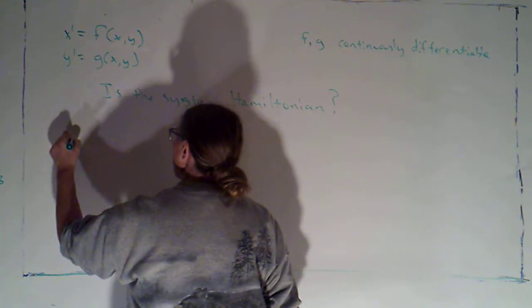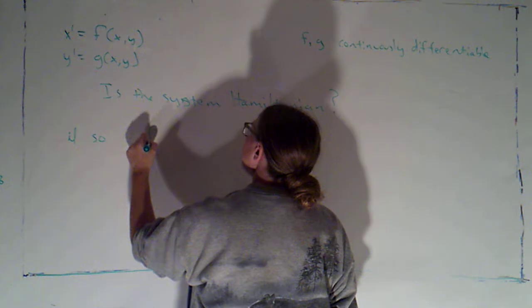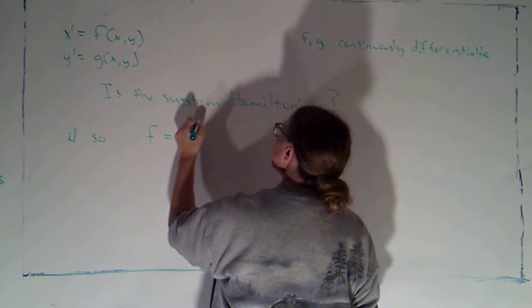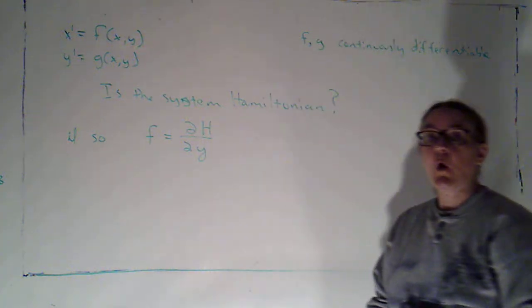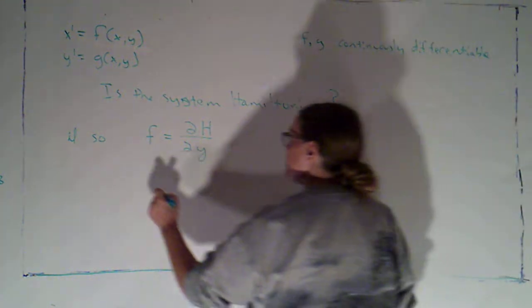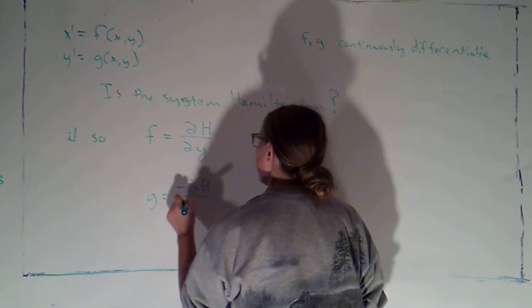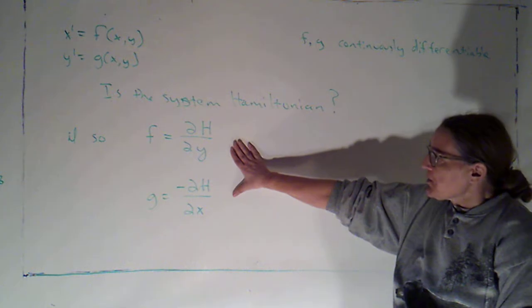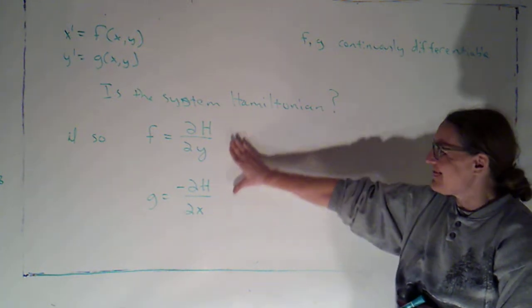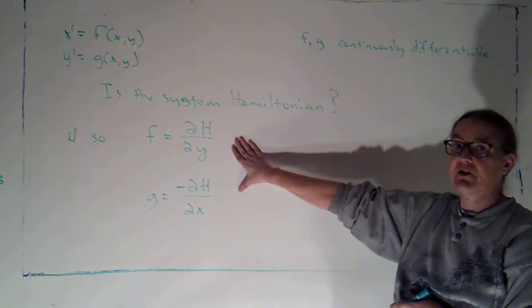So if it's Hamiltonian, then I know that f is the partial of h with respect to y, and g is equal to the opposite of the partial of h with respect to x. It is very important to remember that that's what would be true if the system is Hamiltonian.